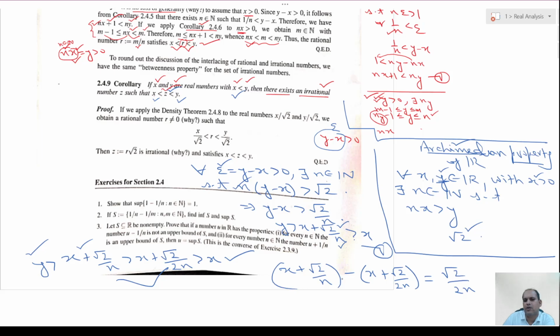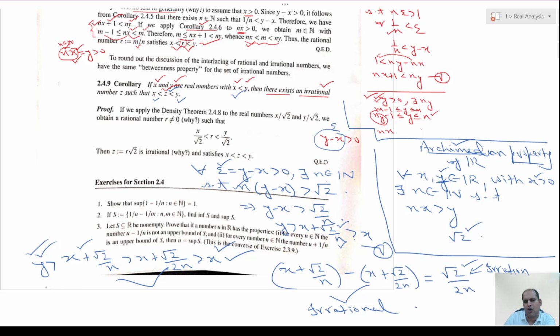Now, since the difference of these two numbers is an irrational number, this implies that at least one of these two has to be irrational. So, in between x and y, we have constructed at least one irrational number.